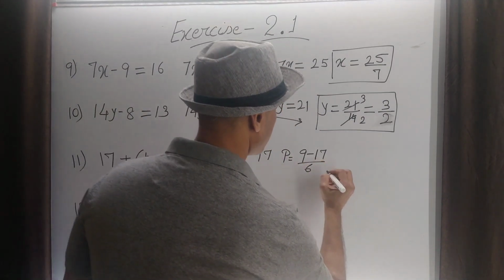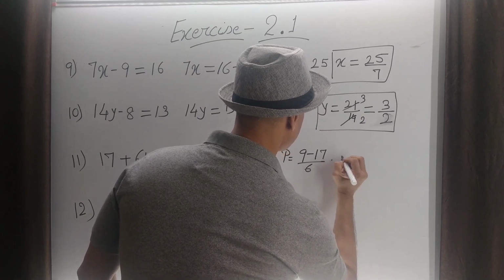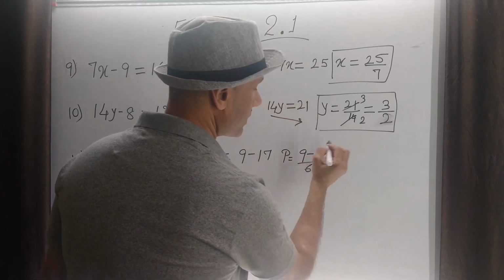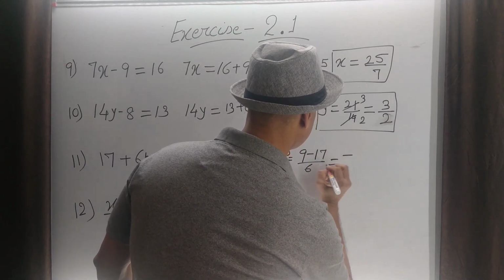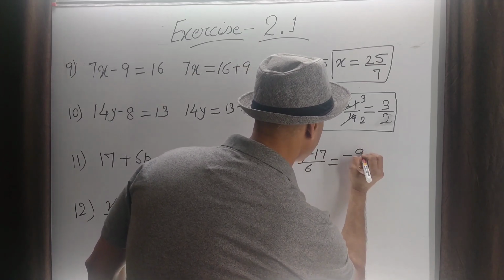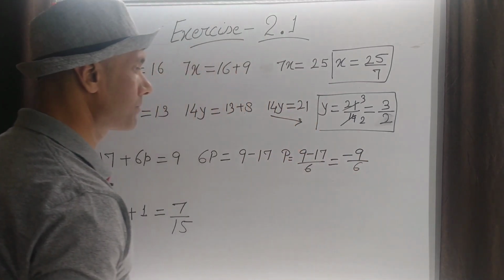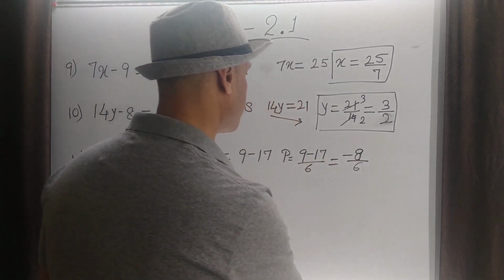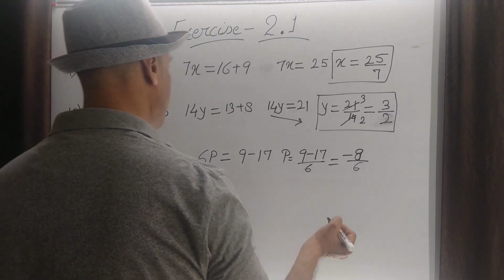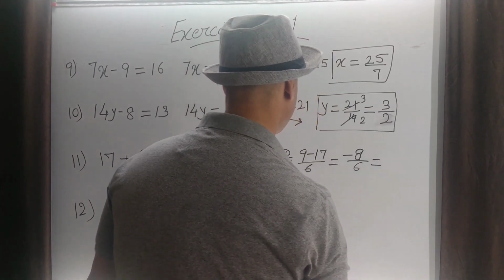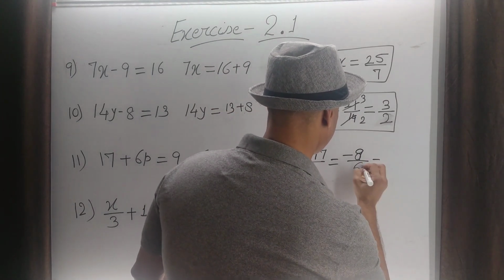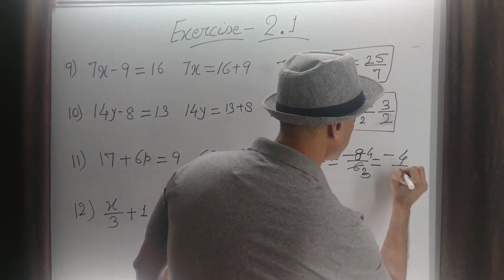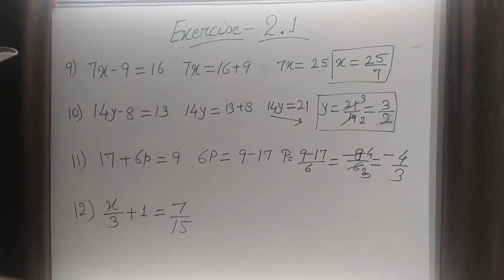So p is equal to, this is negative, so we get minus 8 by 6. So this is equal to, dividing by 2, minus 4 by 3. Okay.